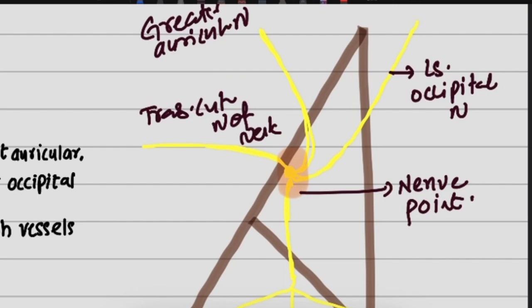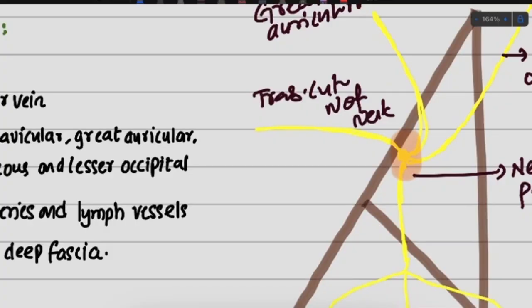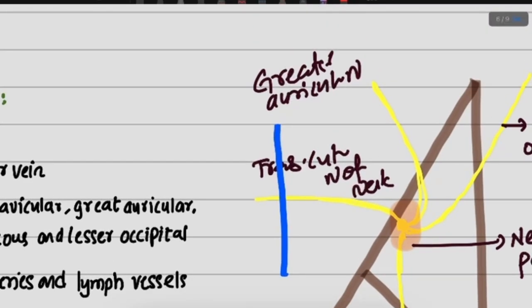Now I just want to give a small MCQ here. We have a vein called the external jugular vein, like this. What I can say here is that the greater auricular nerve and the external jugular vein travel parallel.